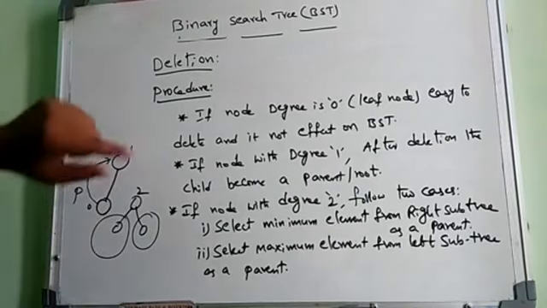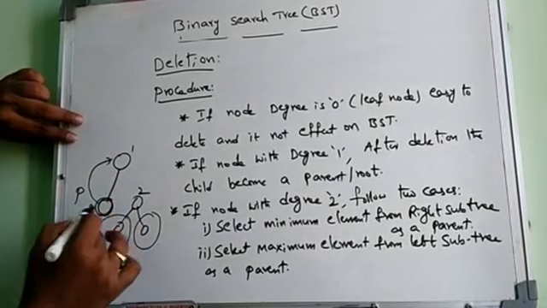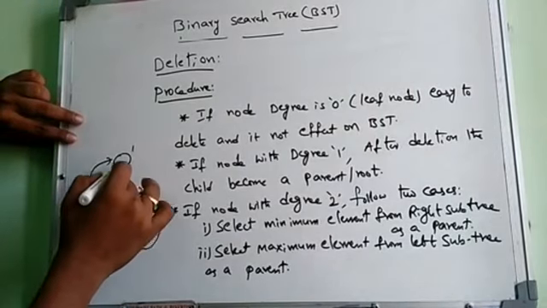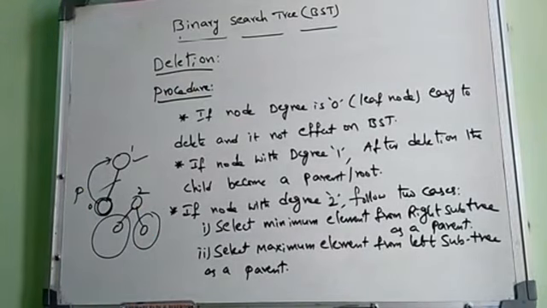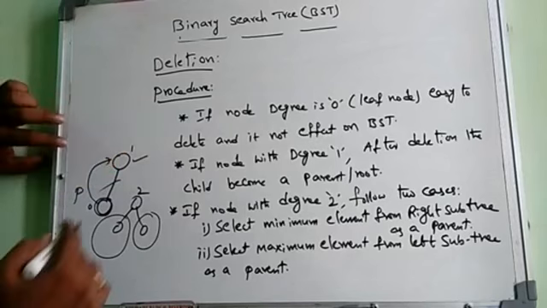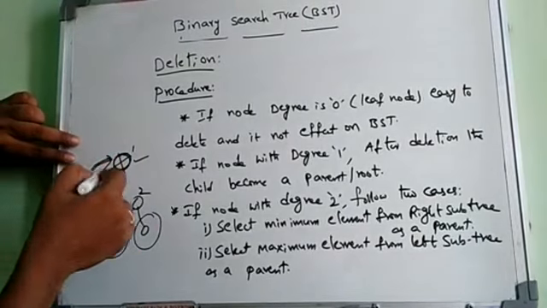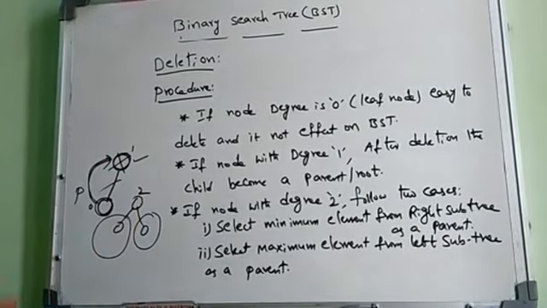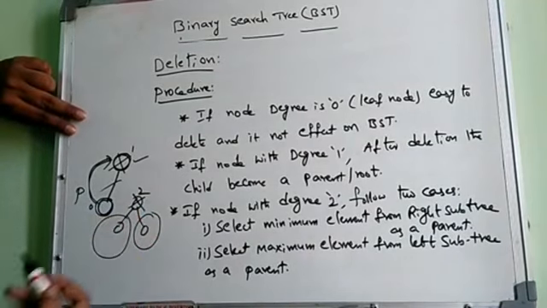Once again, if the node has degree 0, that is the last child, a leaf node, and you want to delete it, nothing will happen. The other nodes stay in the same place, not affecting the binary search tree. If the node has degree 1 and you want to delete it, the connection will be lost, so its child replaces this place and becomes the parent in the tree. Next, if the node has two children and you want to delete it, which one becomes the parent?